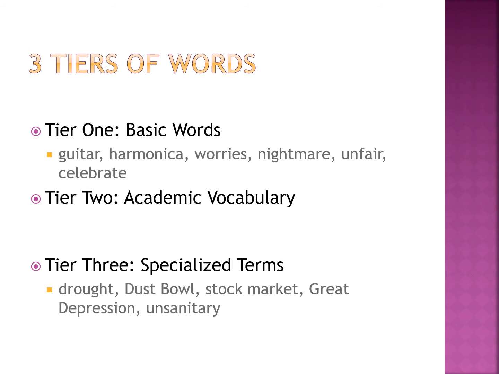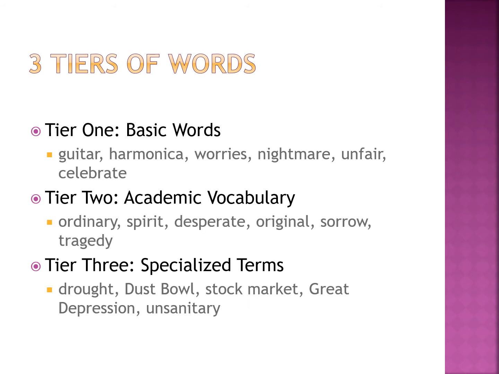These are specialized terms that you might find in a social studies lesson. And then Tier 2 vocabulary words are words like ordinary, spirit, desperate, original, sorrow, tragedy. They're more common words than the specialized terms, but they're more specific than just those basic words that we encounter in everyday conversation.